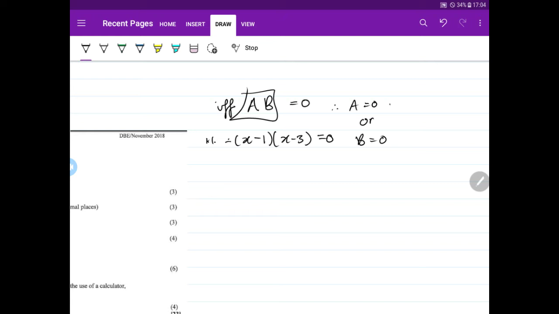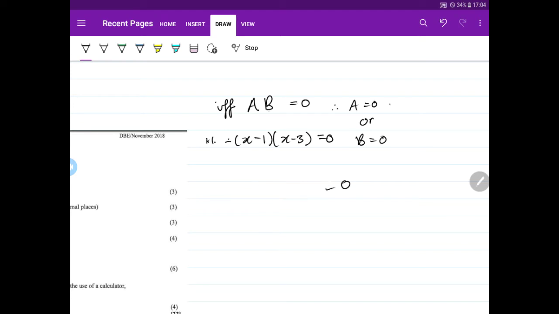Both of them can equal 0, but one of them definitely has to be 0. You can only get a non-zero product when both numbers are non-zero. Does that make sense? Because anything multiplied by 0 will always give you 0.